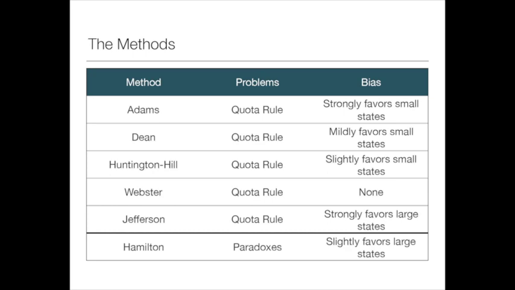But when you look at Webster, which has something of an elegance to it because it's simple, conventionally round, add the states, add the numbers, or adjust the divisor until it works, it seems to satisfy the Constitution's call for proportionality. It seems to be about as neutral as it can be.